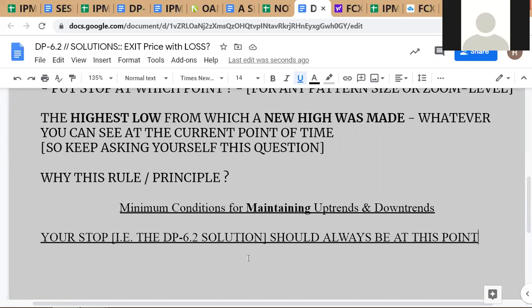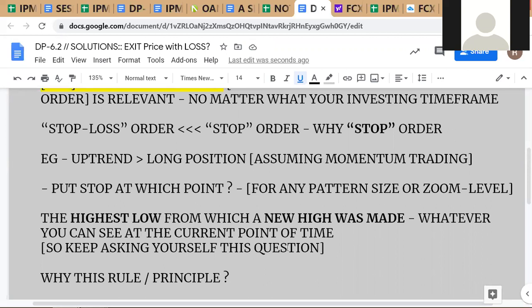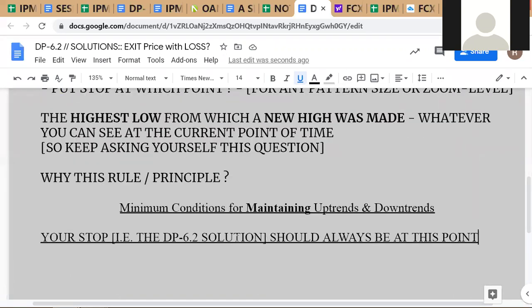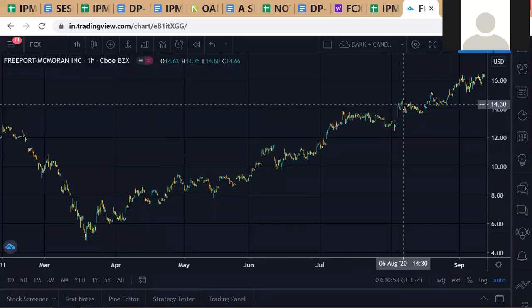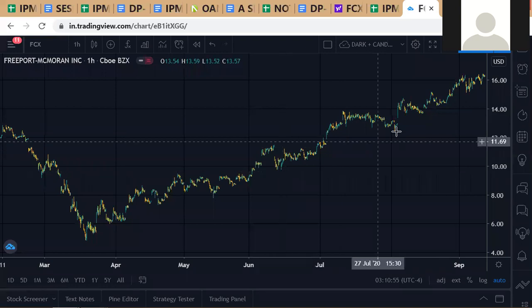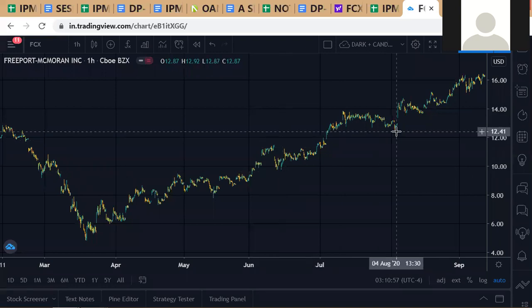Okay. Now, whatever is the answer at any point of time, that should be the point where your stop should be. Okay. So, applying that principle. Now, when it comes here, now Sachin has already moved his stop. It's no longer here. He has moved his stop here. He goes to the TWS. He edits his stop order and he edits the trigger price for the stop order. Okay. It has been changed.